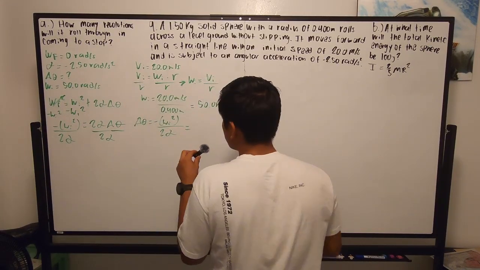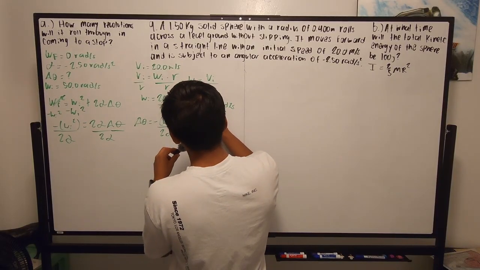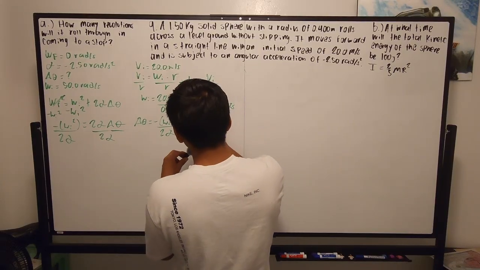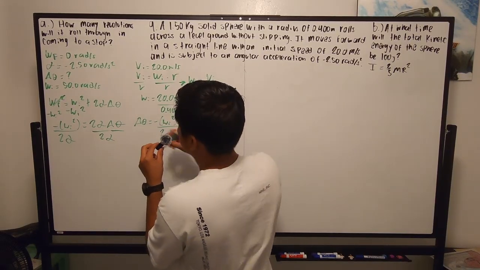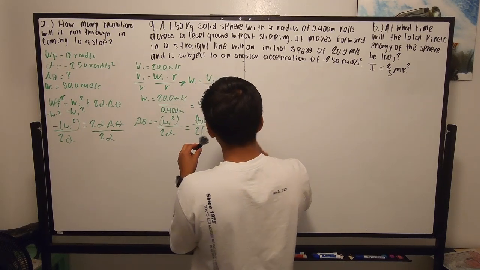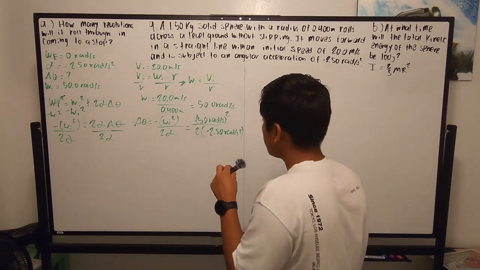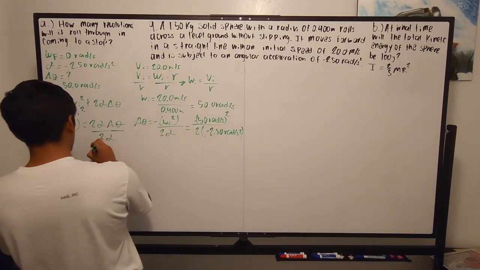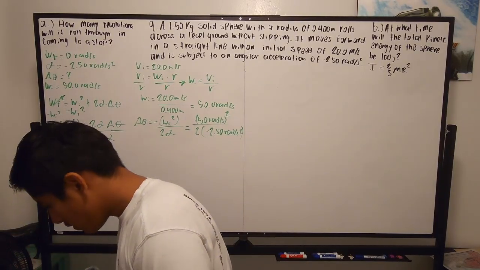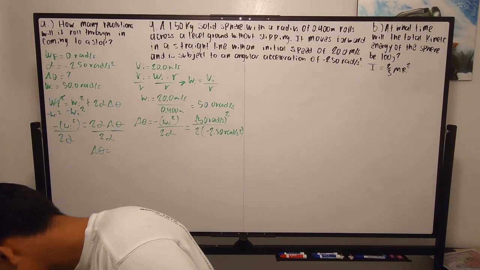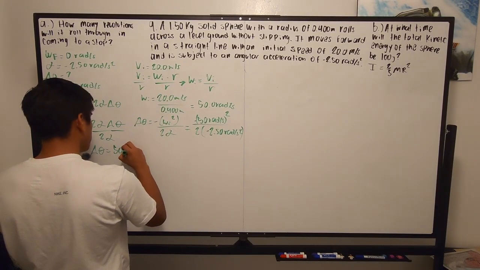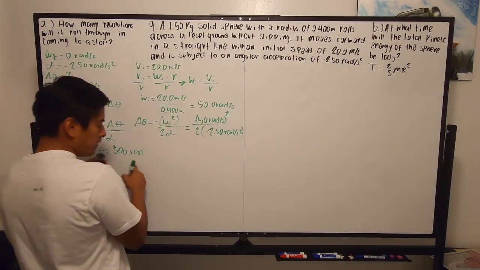Now plugging in my values, I'll get negative 50 radians per second squared all over 2 times my alpha, which is negative 2.5 radians per second squared. Plugging this into my calculator, I'll get that delta theta is equal to 500 radians.